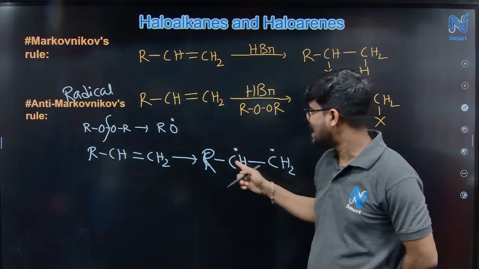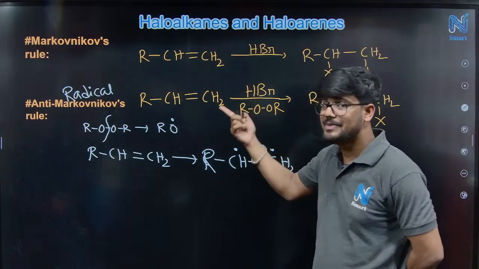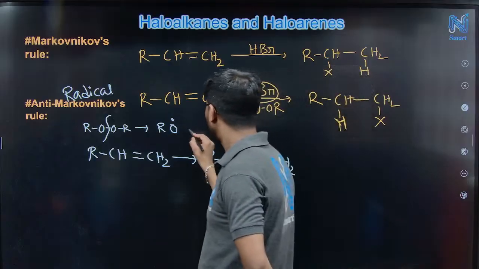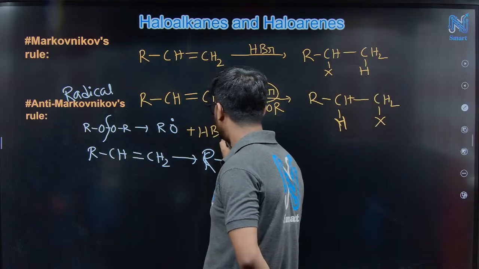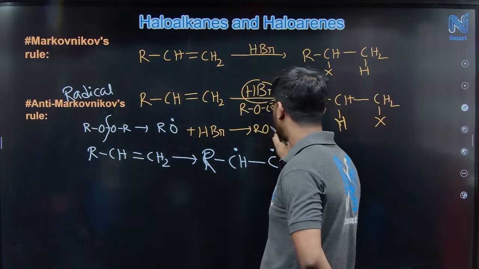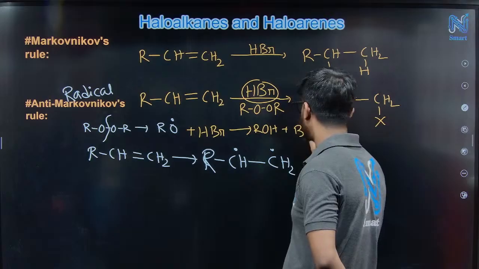Will it attack this directly, or something else? See, in the medium we have HBr, right? So this will react with HBr and we will get ROH plus Br radical, correct?